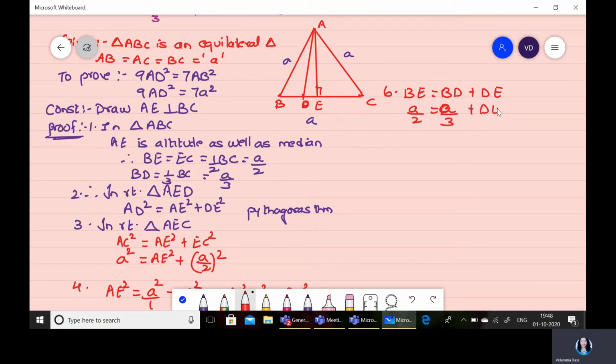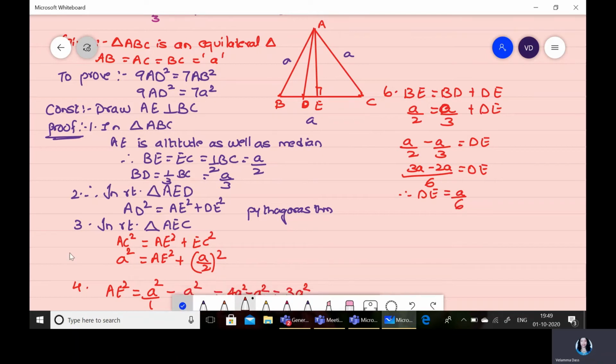So can I find DE? I'll take this A upon 3 this side. So I'll get A upon 2 minus A upon 3 equals to DE. Can I cross multiply? 2 3s are 6. So you'll get 3A minus 2A equal to DE. Therefore, here we can find out DE is nothing but A upon 6.